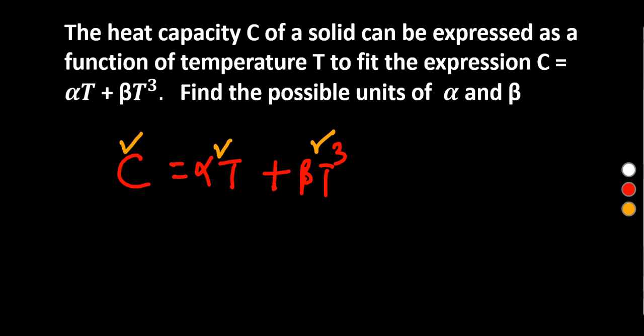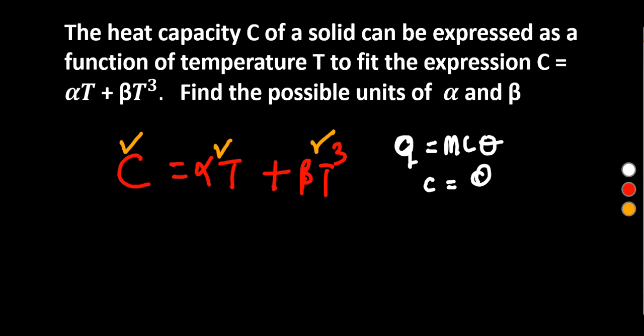So heat capacity is related with specific heat capacity. First of all, we need to write what specific heat capacity is. Specific heat capacity can be gotten from this formula: quantity of heat Q equals m c theta, where c is the specific heat capacity.